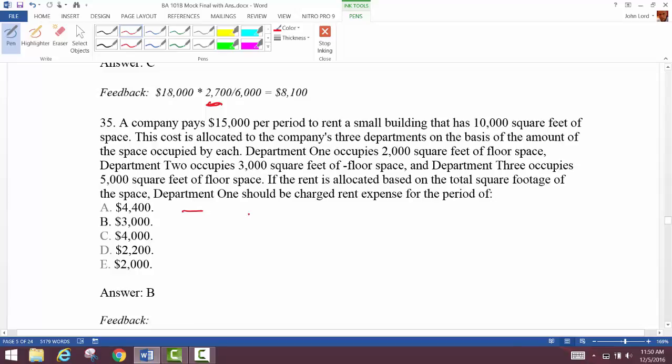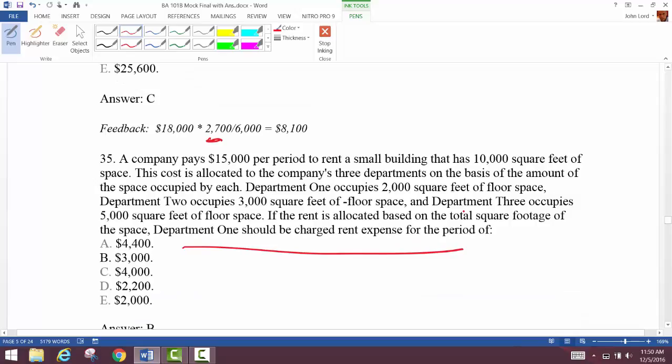Number 35, Department 1. Did we give you the departments? Is this another one of those stupid ones where I didn't give you the information? Okay, so what do we got? We have 15,000. We know we're going to have to allocate that one. They have a small building, 10,000 square feet of space. Cost is allocated to 3 departments on the basis of the amount of floor space.